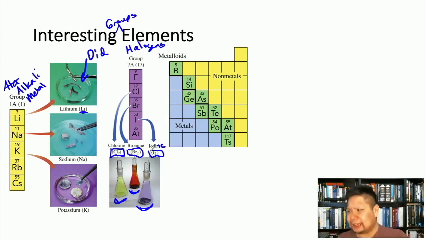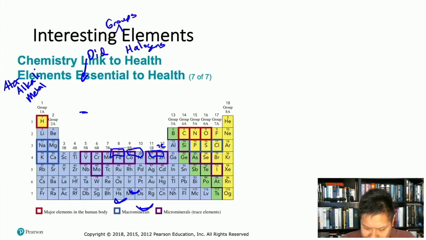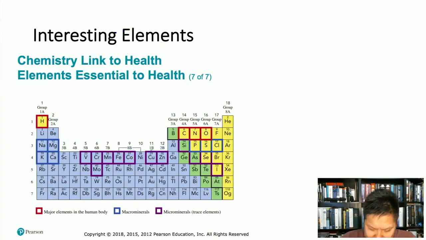Since this is an allied health emphasis class, I'm obligated to talk about how certain elements are essential to life. So let's talk about some life elements. Elements marked in red, for example hydrogen, carbon, nitrogen, and oxygen, are the major elements present in the body.